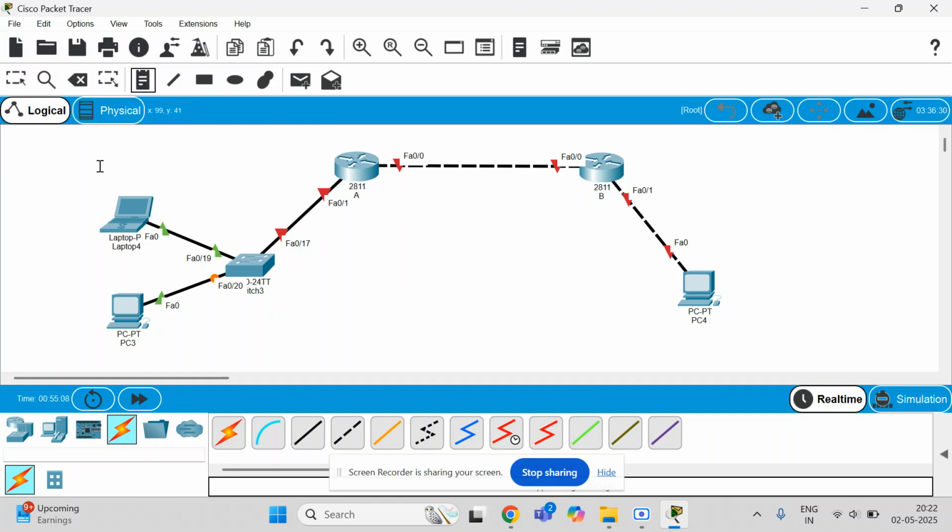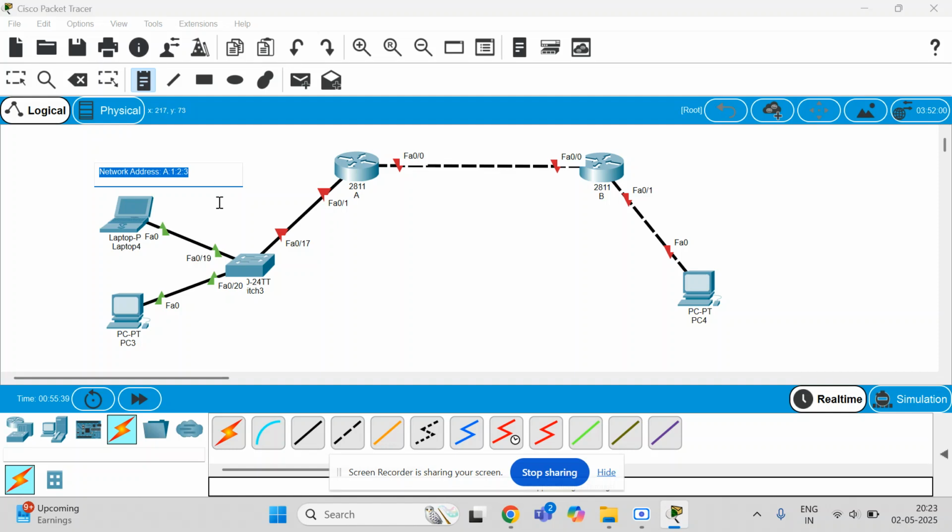I'm writing here network address. Suppose I'm giving here A colon 1 colon 2 colon 3, right? This is a network address for this network.